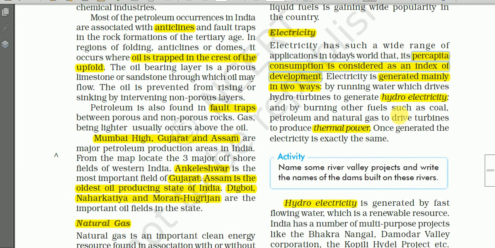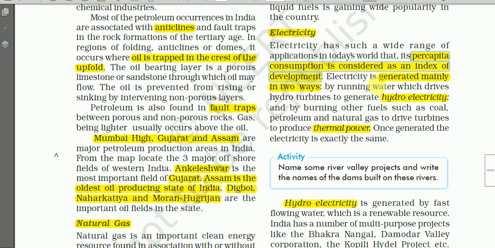That means we can imply like this: if the per capita consumption of electricity is increased, that means we are using more and more technology, more and more electronic devices. That means the standard of living is higher than before.